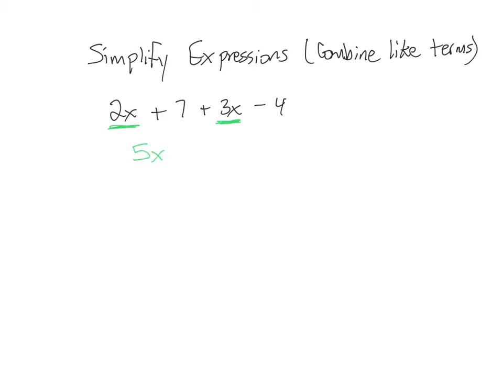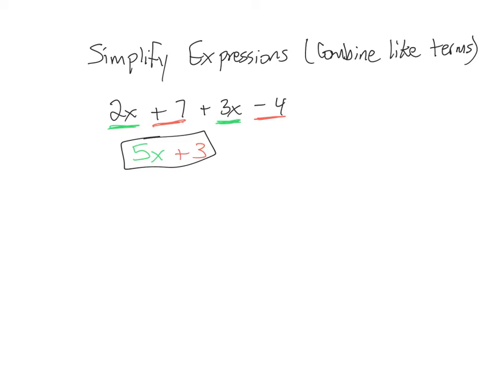So 5x, we're just doing 2 plus 3, just do whatever the numbers are. 7 and negative 4, or 7 minus 4 is 3. And that's our answer. So hopefully that's not anything too crazy.